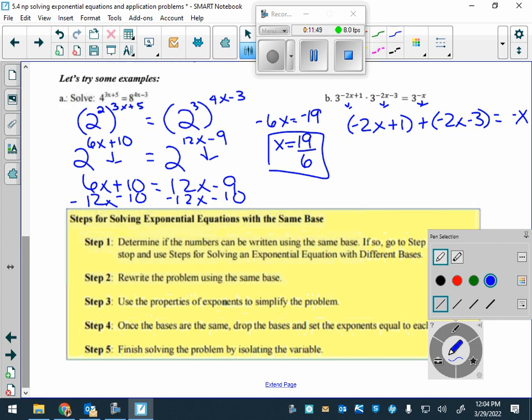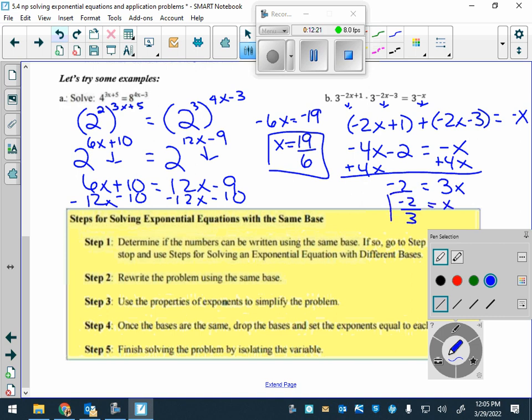Negative 2x plus negative 2x, negative 4x. 1 minus 3 is negative 2, equals negative x. Negative 2/3 is what you get.